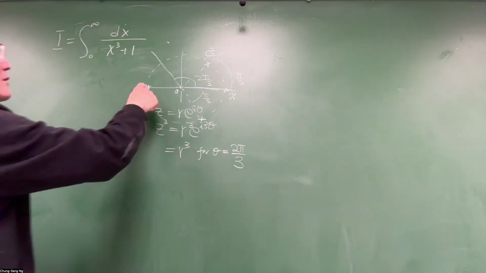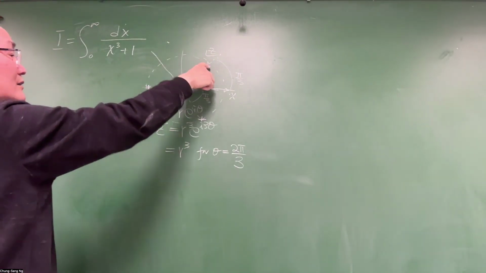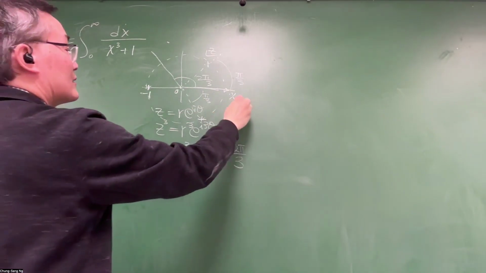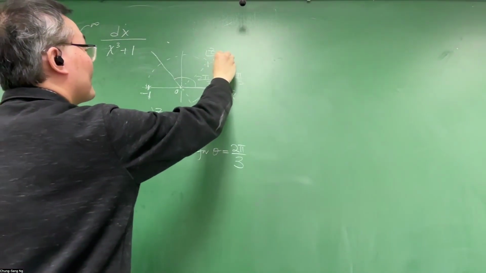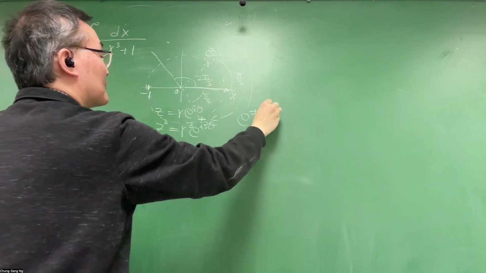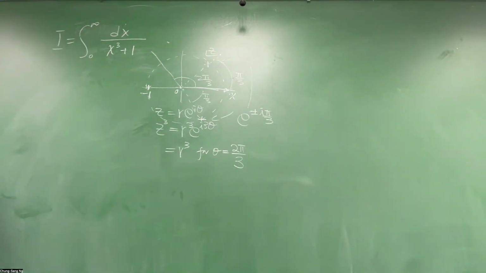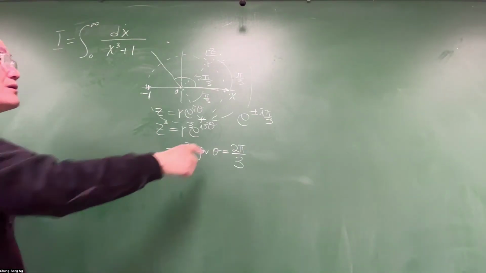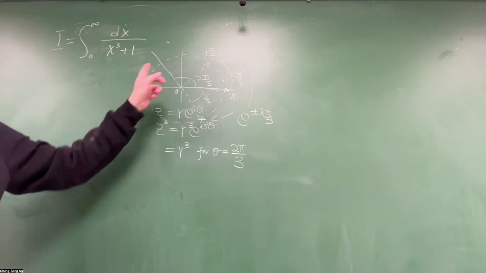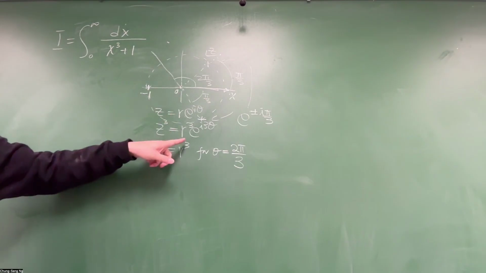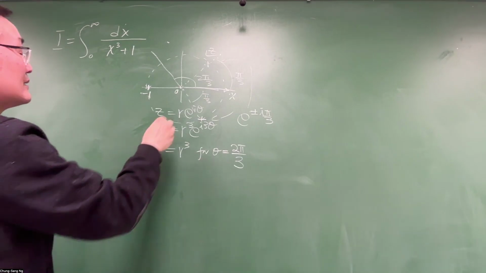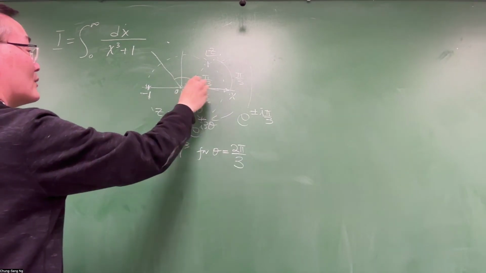So there are three poles altogether, -1, and then the other two poles at e to the plus or minus i pi over 3. Is that okay? So you get the location of the poles, and these are all simple poles. Any questions?